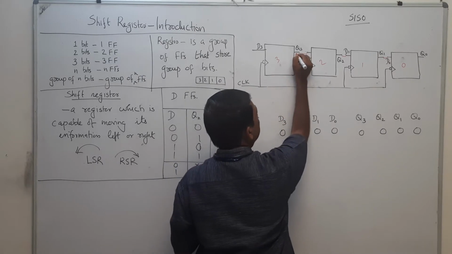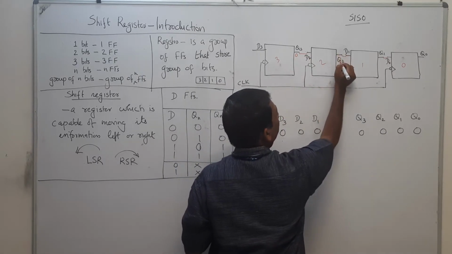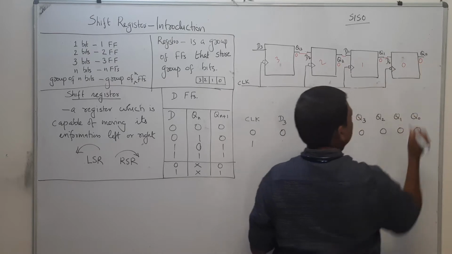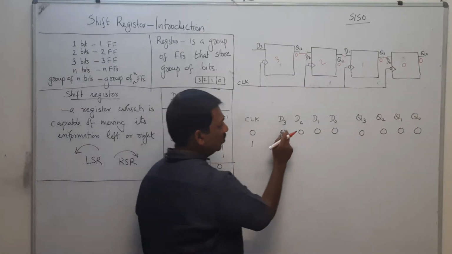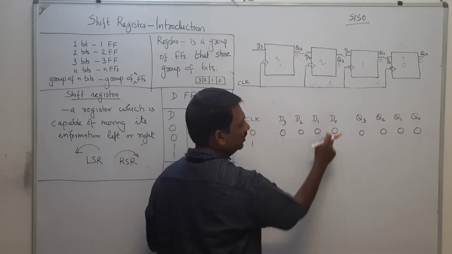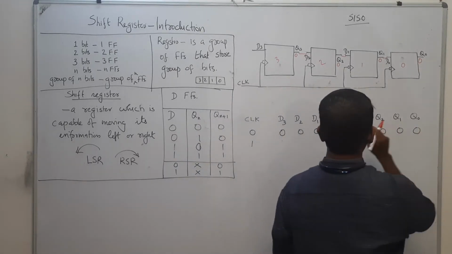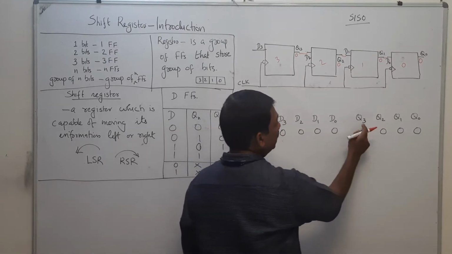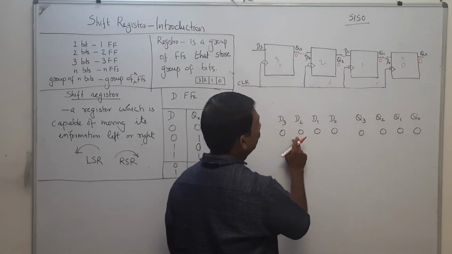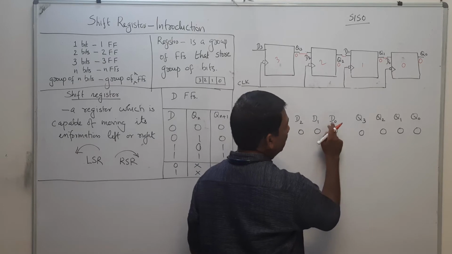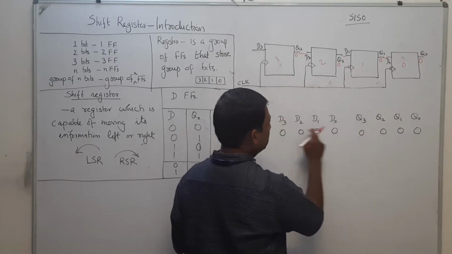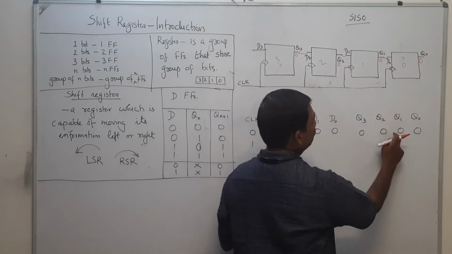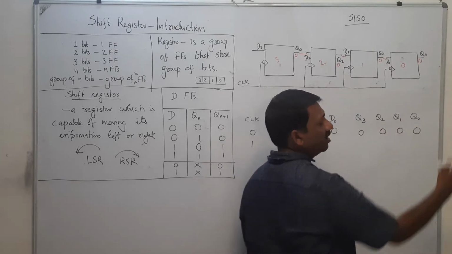That means all D3, D2, D1 and D0, and Q3, Q2, Q1 and Q0 are 0. Q3 being 0 means D2 is 0, Q2 being 0 means D1 is 0, Q1 being 0 means D0 is 0, and Q0 is the output.